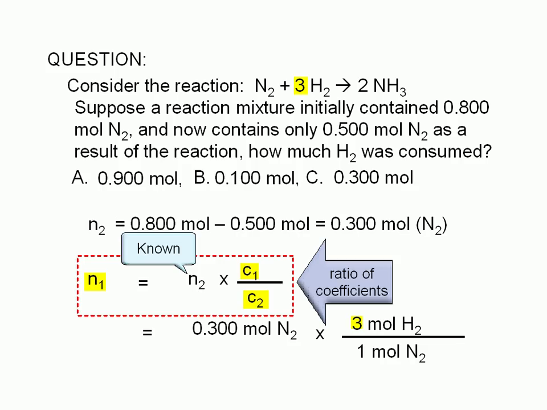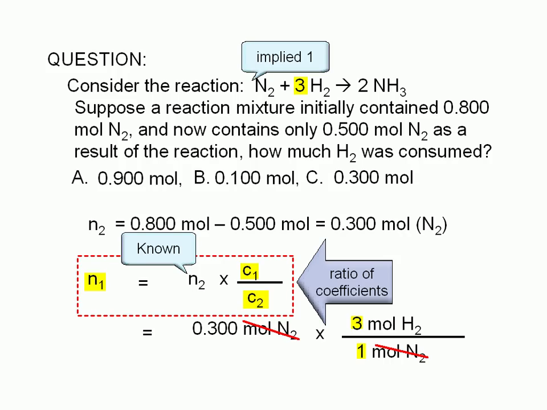The coefficient of N2 in the balanced equation is 1. The ratio of coefficients serves as a conversion factor. The answer we get here is 0.900 moles of hydrogen.